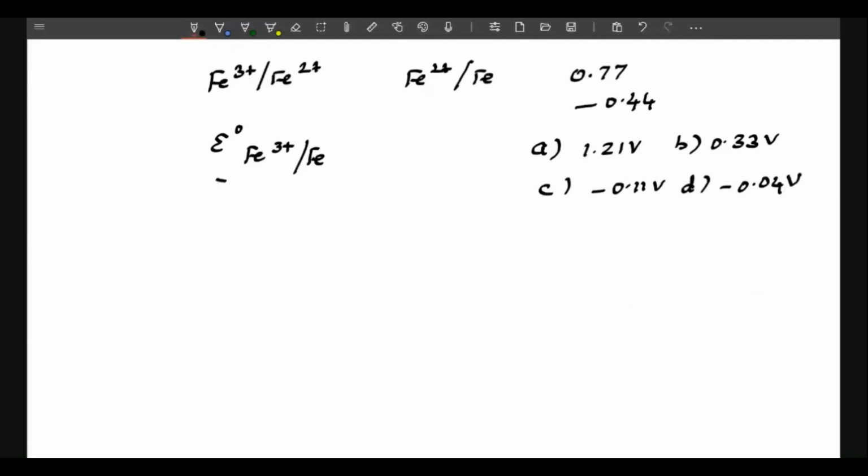Here, what is asked? Iron 3+ for iron. Before seeing this, I am looking into what is the minimum oxidation state, what is the maximum oxidation state. Here, the potentials given are all reduction potential values. Therefore, we can write down the relationship with all the electrode potentials as reduction potential values.